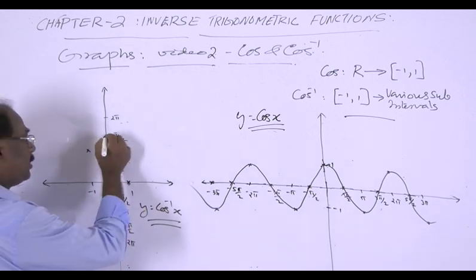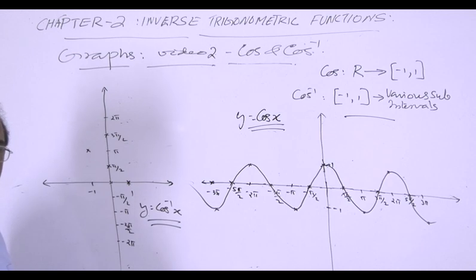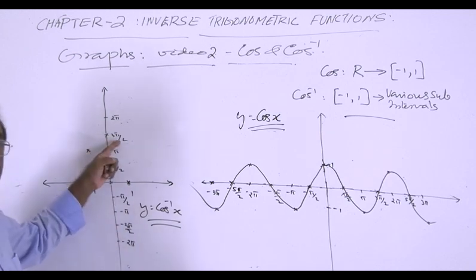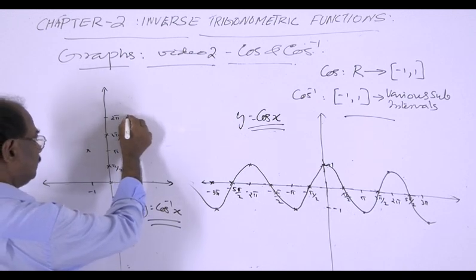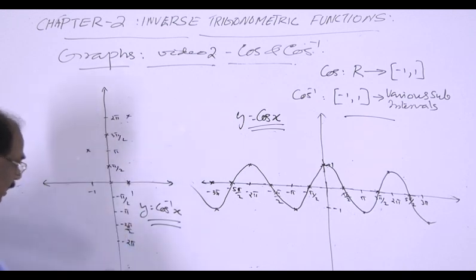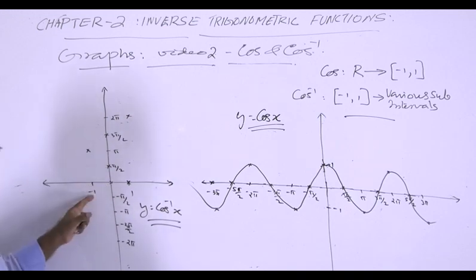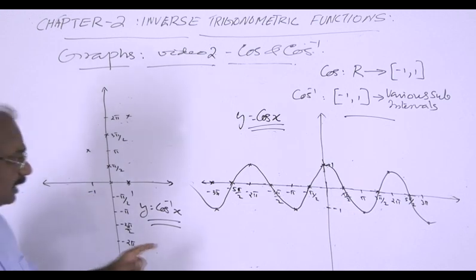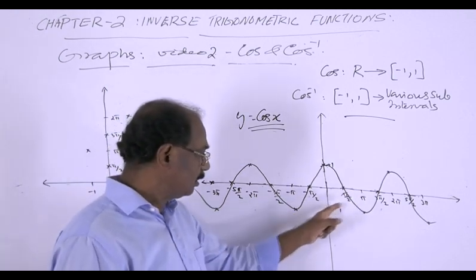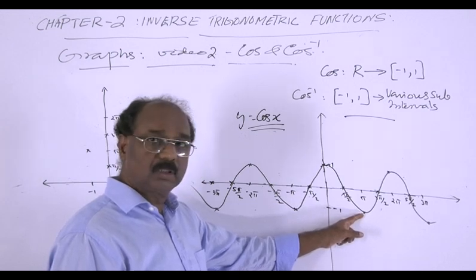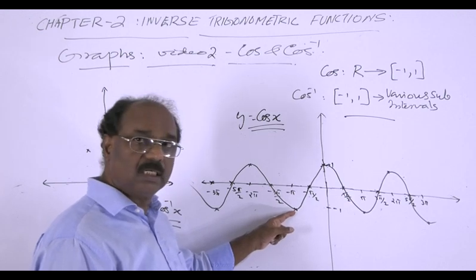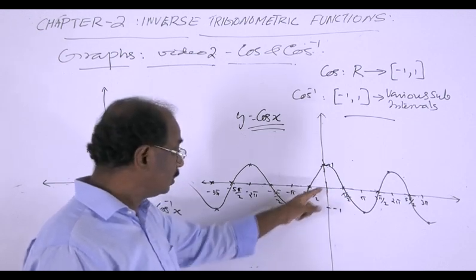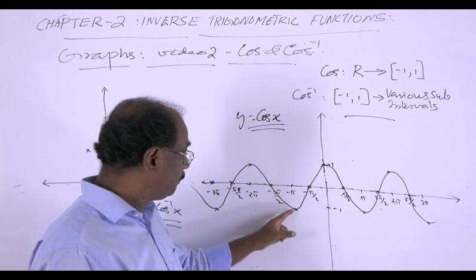Then cos 3 pi by 2 is 0, so cos inverse 0 is again 3 pi by 2. Similarly for 2 pi. Then cos of minus pi is equal to minus 1, so cos inverse minus 1 is equal to minus pi.